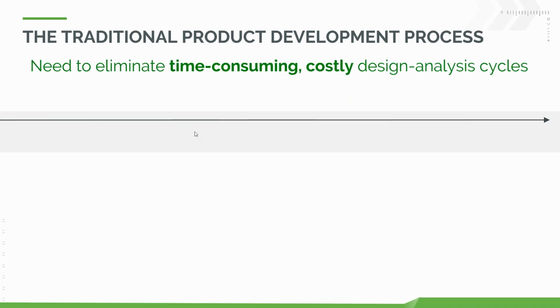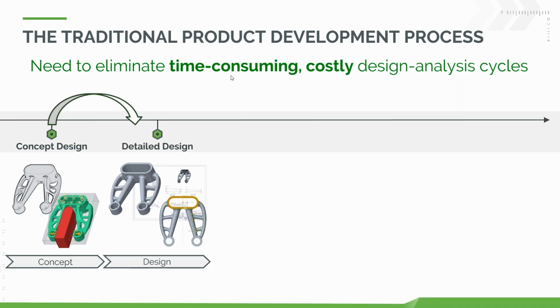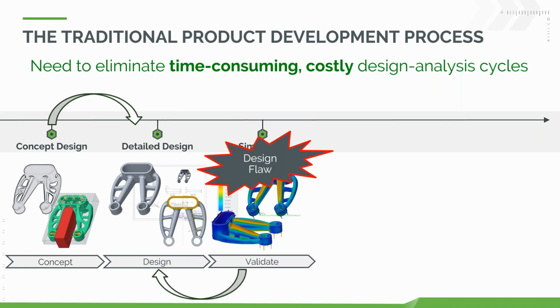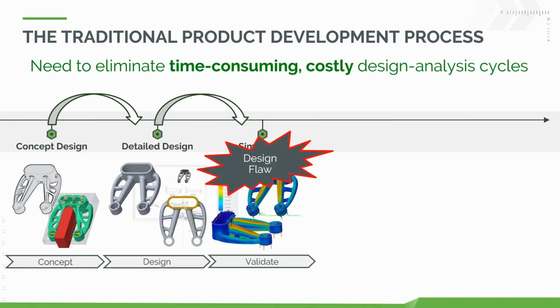When we do that, the issue is it's time consuming and costly to go through that process. This is showing you go to detailed design, you go to simulation, there's a design flaw, you go back and do the detailed design again, and there's another design flaw, you go back again.